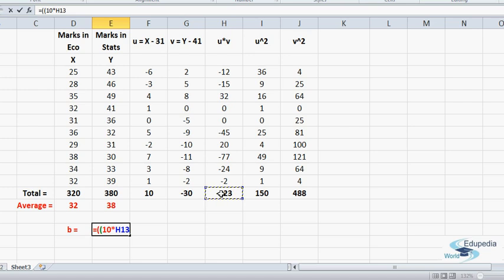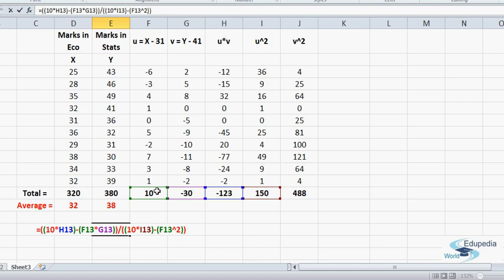And then minus, let's close one parenthesis, minus summation of u multiplied by summation v, divided by, this is the numerator, and that will be divided by n times, n is 10, n times summation u square, that's here, minus summation u the whole square. Summation u is this value, raised to power 2.